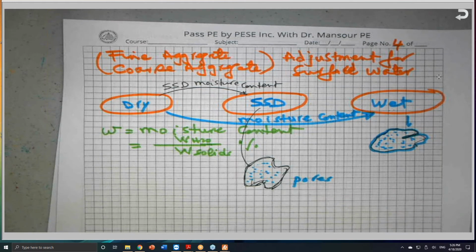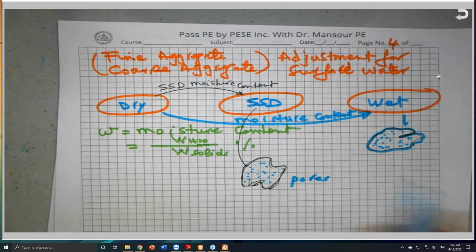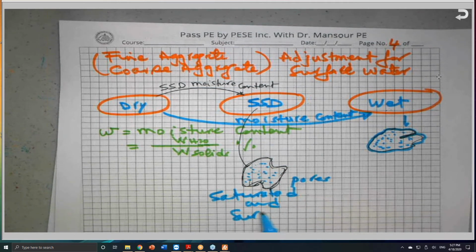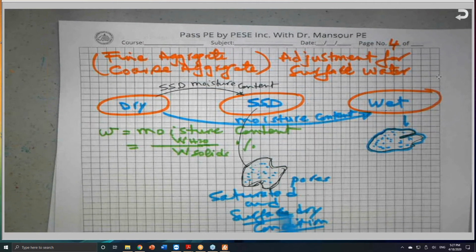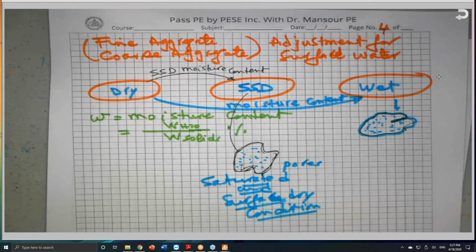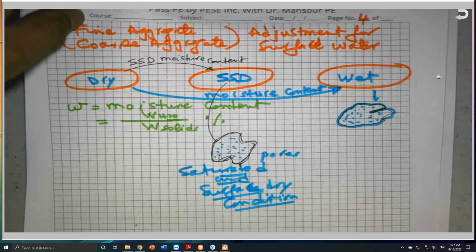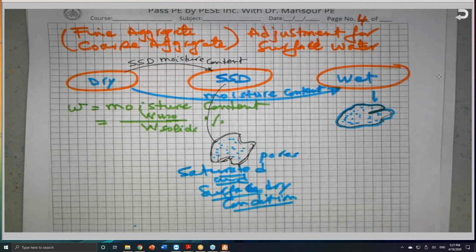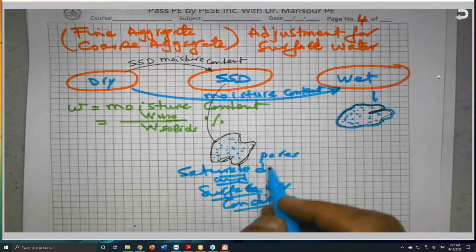After that, we weigh it and see how much water was absorbed. So this is what is meant by the SSD, a saturated and surface dry condition.